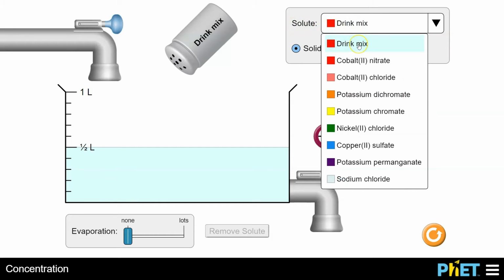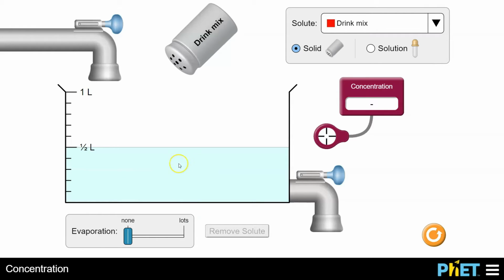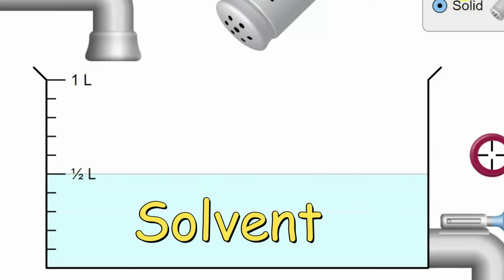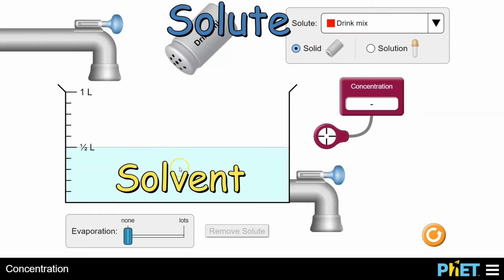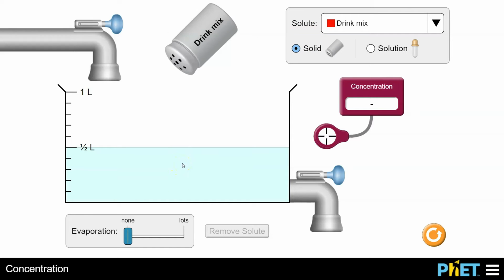So these are various substances that can dissolve in water. Now, this liquid is known as the solvent. So this is the solute, and this here is the solvent. It's the substance that the other particle dissolves in.